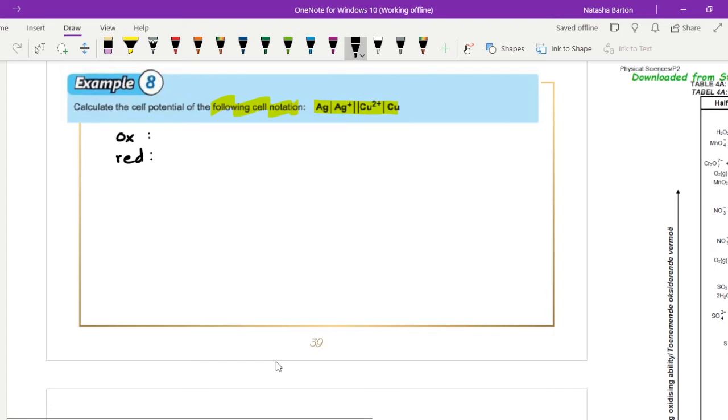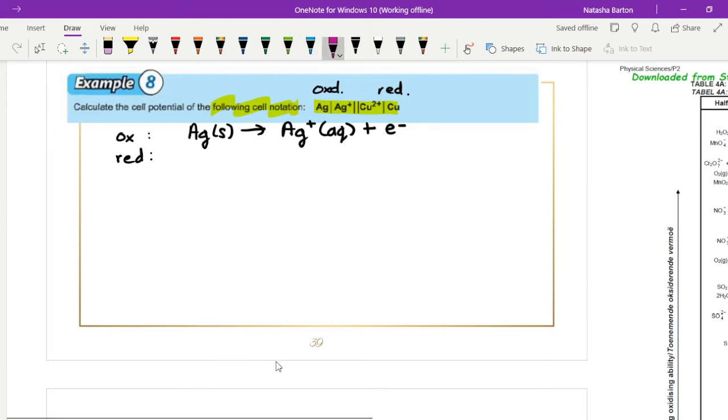So that tells me that the substance that is oxidized is on the left, the substance that is reduced is on the right. Okay, so what is happening is silver, Ag solid, is going to lose an electron.